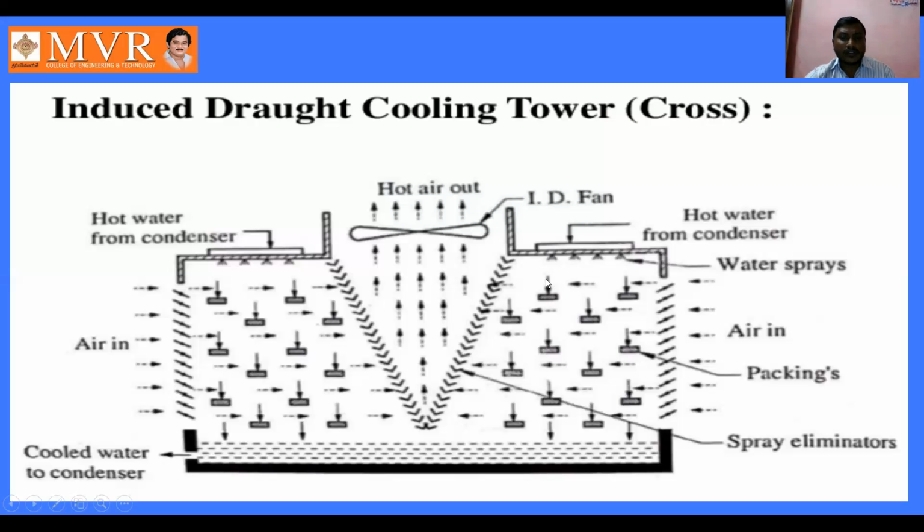The water is coming down and the air is moving upward, and some heat exchange takes place between the hot water and the air. The air takes the heat from the water and escapes into the atmosphere as hot air. This is the induced draft cooling tower cross section.